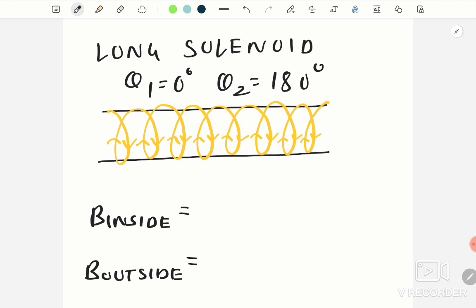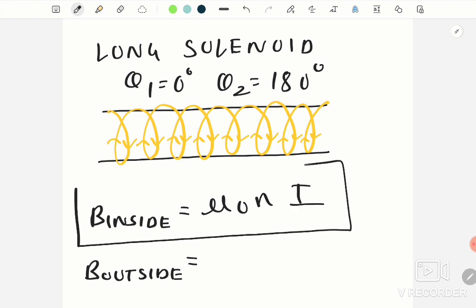Guys, ये substitution हम इसीलिए कर रहे हैं because if we have a long solenoid, then the angle made by any point P inside the solenoid will be 0 degrees with one end and 180 degrees with the other end. So guys, on doing this substitution, we'll get the answer of magnetic field inside the solenoid as mu naught small ni. Guys, ये फॉर्मूला बहुत ज़्यादा इंपॉर्टेंट है and इसमें n represents number of turns per unit length.